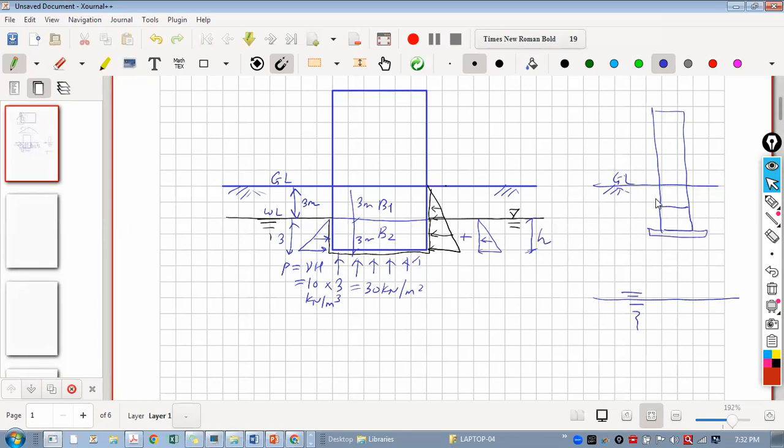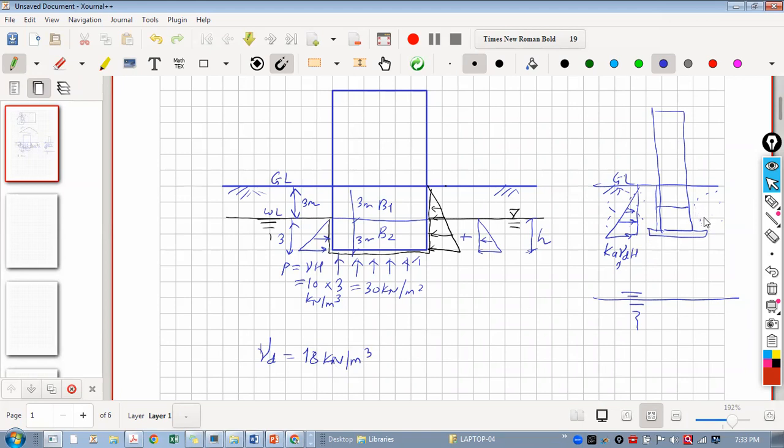Then if this soil is there and there is no possibility of any rain or saturation of this soil, let's say it is a dry area where there is very little rain, then whenever you calculate the pressure of soil on this retaining wall, it is K gamma DH. So you take the gamma D value. Generally, I'm just giving you a general idea, gamma D value is 18 kilonewton per meter cube.